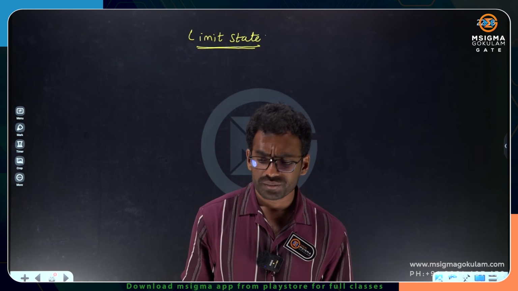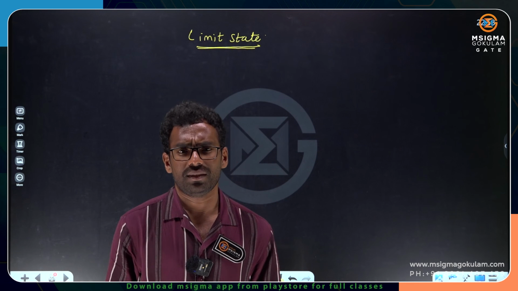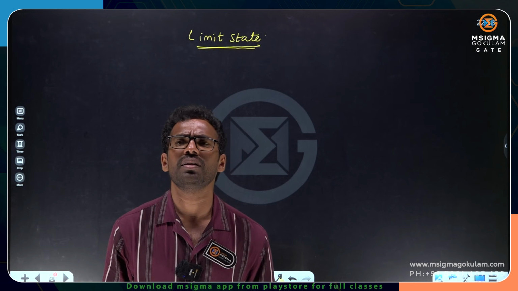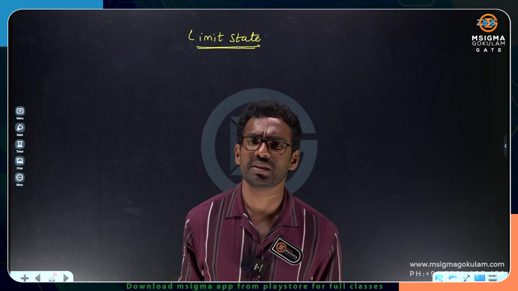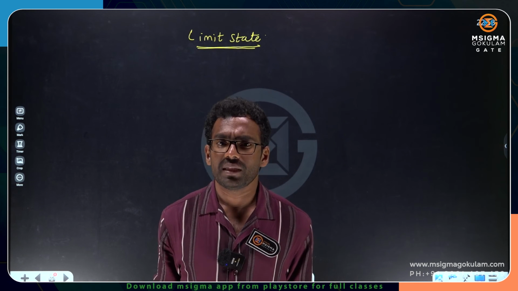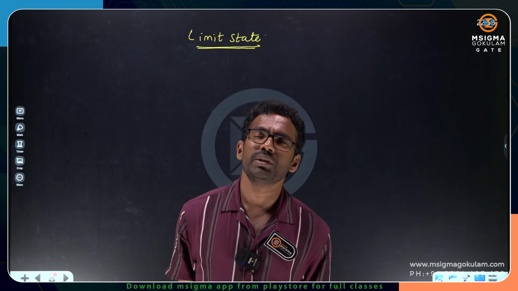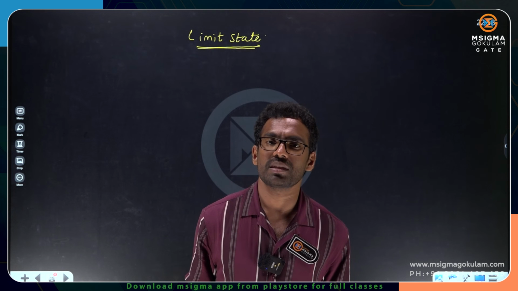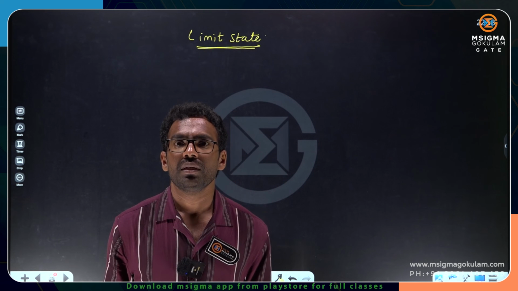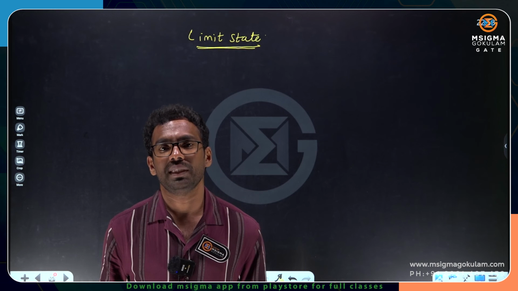But we try to ensure that the structure should not reach the limit state during its intended lifespan. That is what our concern is. If you are very sure that it should not reach the maximum stress during its service life, what safety measures should we take when we design?